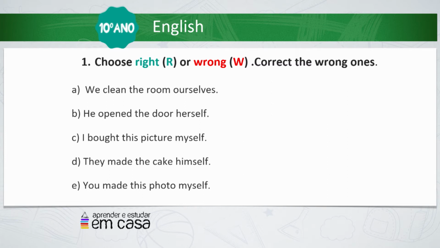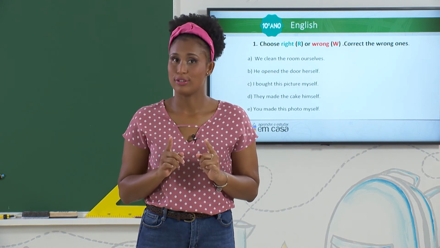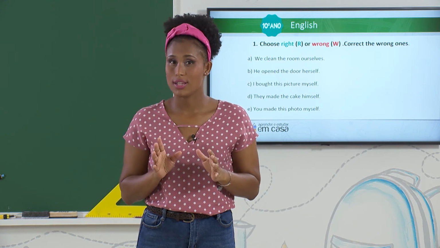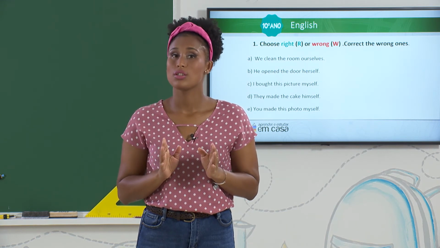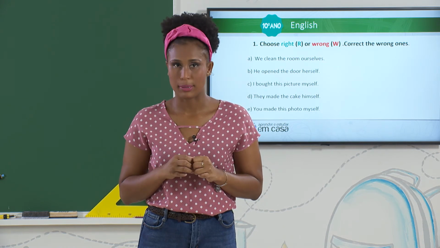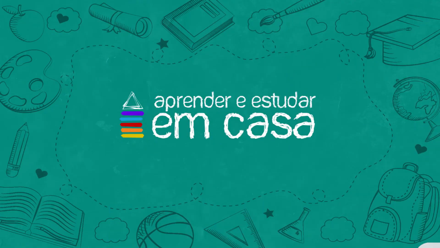And E, you made this photo myself. Well, be careful, right? As I said, there are some wrong sentences. Please pay attention so you can correct them correctly. I will give you some time, and we will be back to correct them, right?